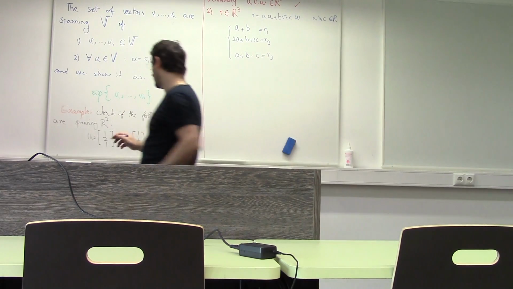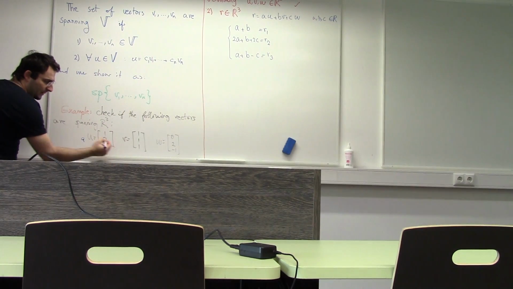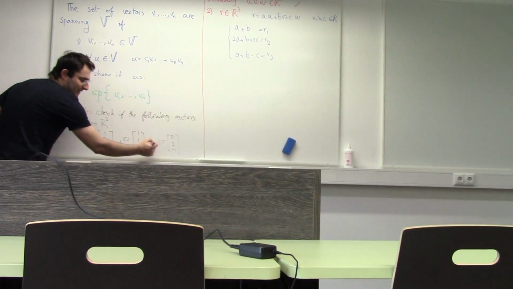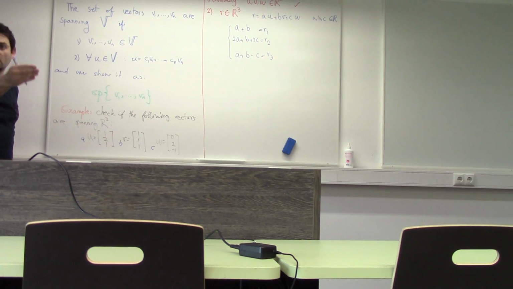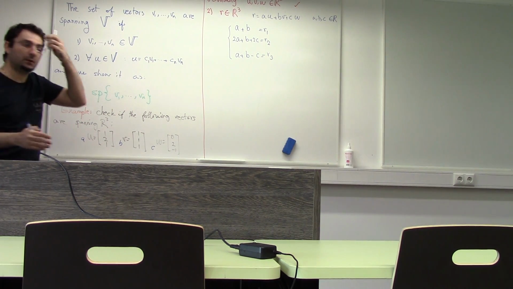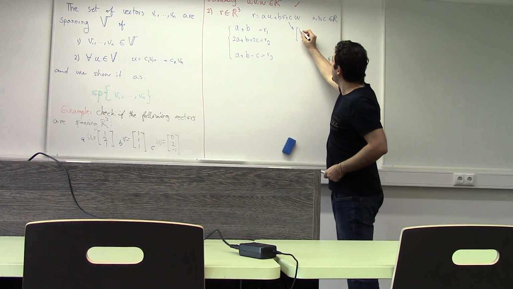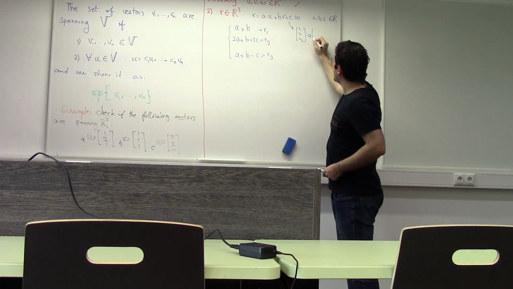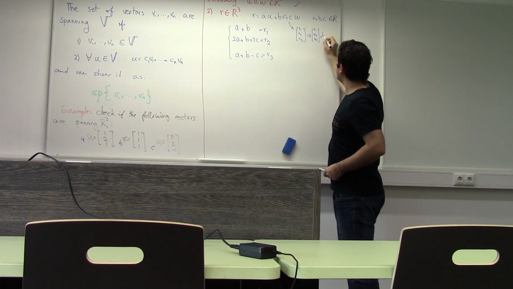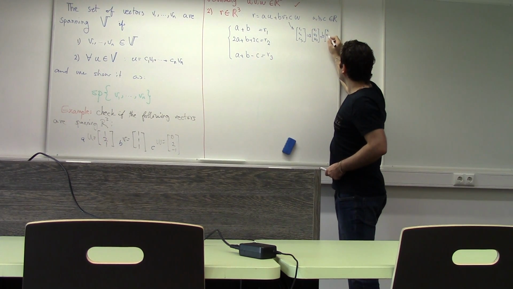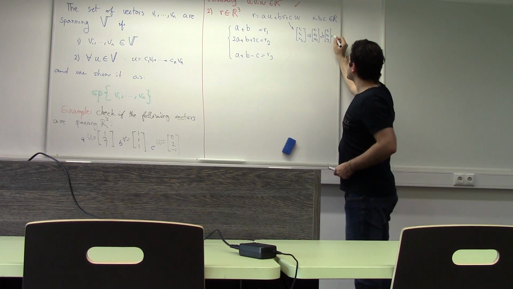Right? Look what I'm doing. A multiplied by this, plus B multiplied by this, plus C multiplied by this is the R vector. This means R1, R2, R3 is A multiplied by U1, U2, U3, plus B multiplied by V1, V2, V3, plus C multiplied by W1, W2, W3.